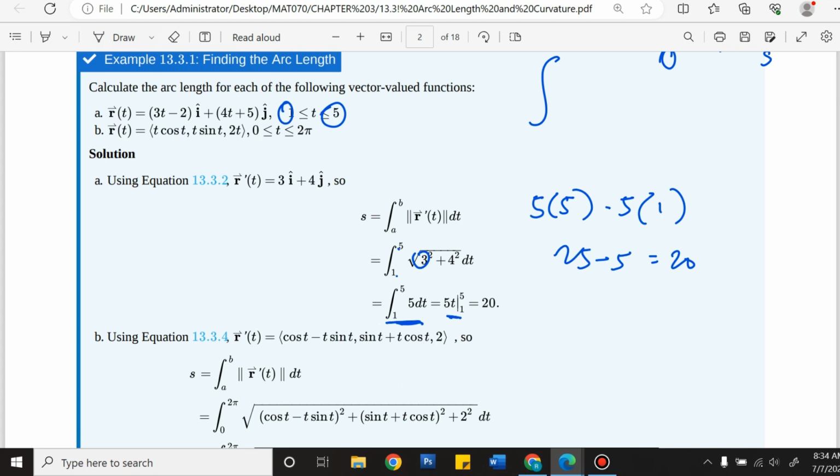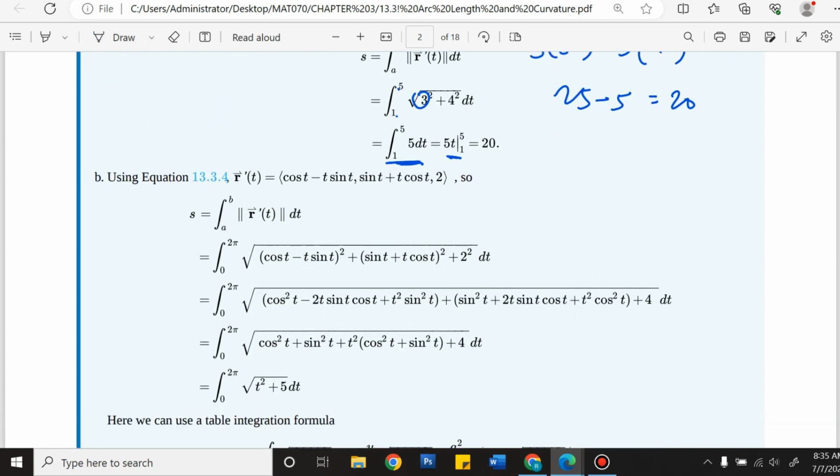Now, for the second example, same again. As you can see, this time we have 3 components. The x, y, and z components. And this is what I mentioned a while ago, that the values of t can be angles or a number depending on the component given to you.